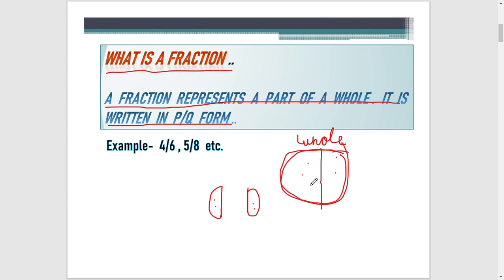When we make parts of a whole, 1 upon 2 will be the fraction of this chapati, because there is one roti, so we write one on top. And how many parts have we made? We have made two parts, so we write 2. So 1 upon 2 means half a roti. So this was about fractions.